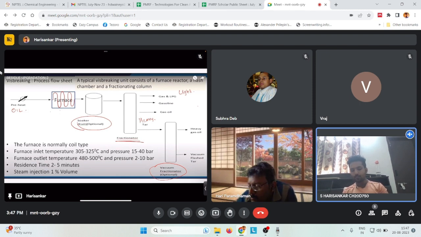The cracking reaction happens in the tubes of this furnace, and then it is sent directly to the fractionator. But with a soaker drum, the oil is preheated in the furnace, and then the heated oil is sent to a soaker drum where the cracking reaction happens.